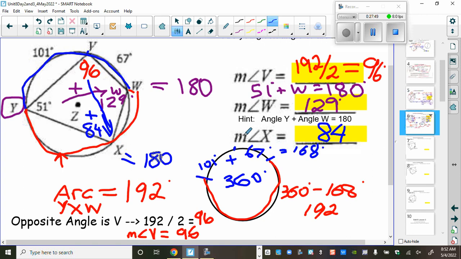That's basically what's going on here. All right, questions. Again, it goes back to look at your arcs. If your angle's not at the center, divide your arc by 2 to get to your angle. Similarly, if you're given the angle, multiply by 2 to get to your arc.